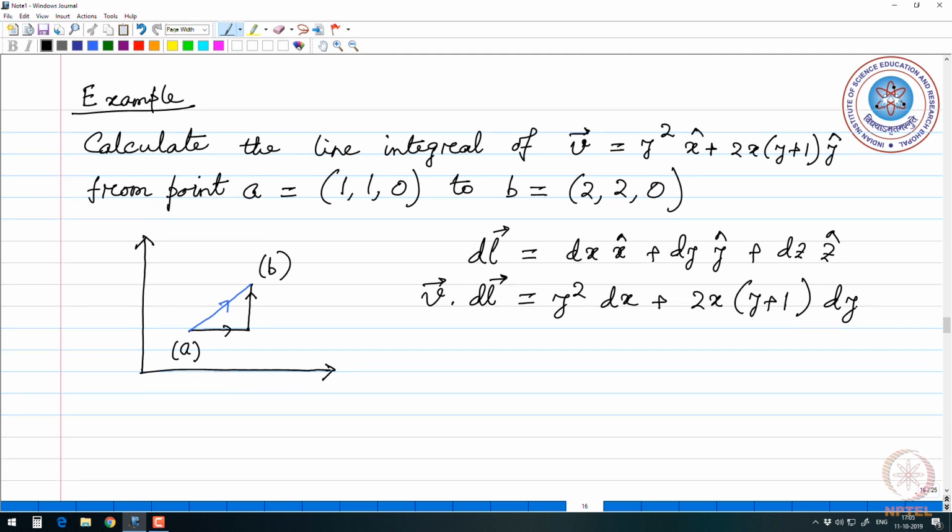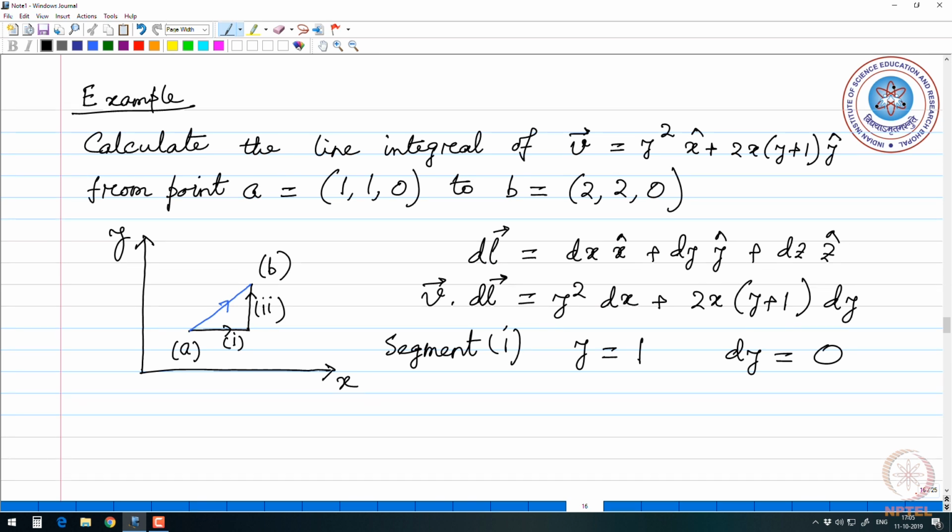Now, in the black path, we will have in the first segment y equals 1 always. This is x axis, this is y axis, and that means dy equals 0.